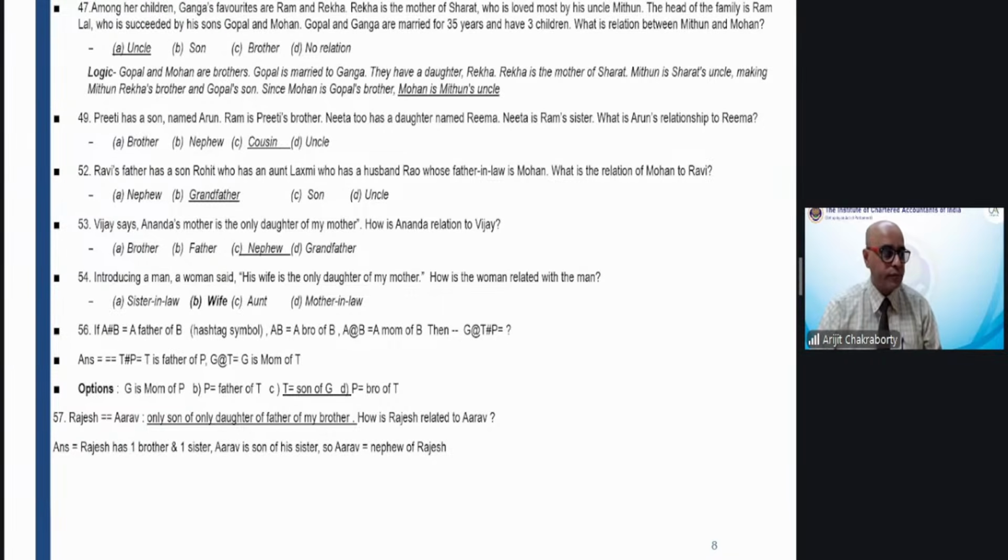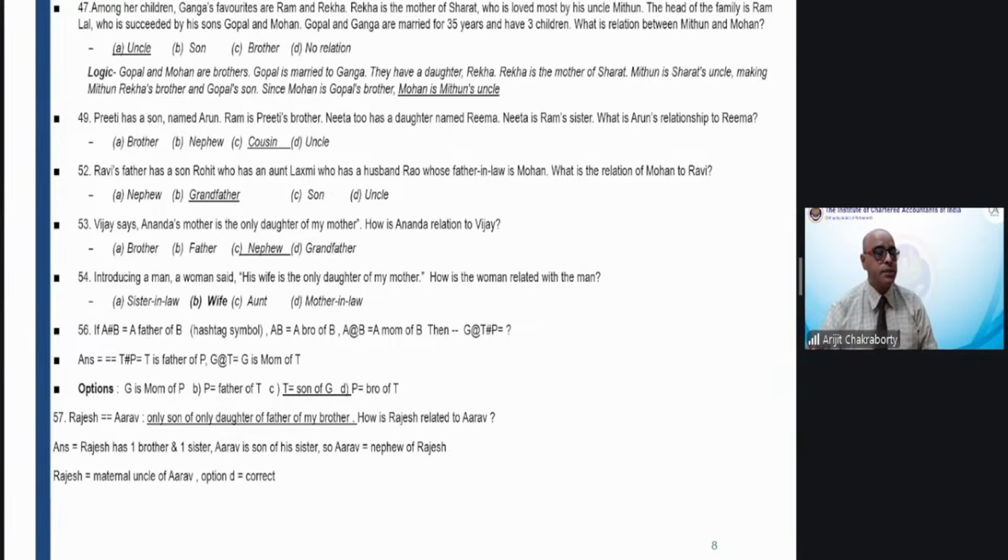This is towards the end of the exercise, so definitely comparatively a bit complex. So only son of only daughter of the father of my brother. Brother's father means my father. Only son of only daughter of my father. My father's only daughter's only son. That is Arav. So the decoding is this.